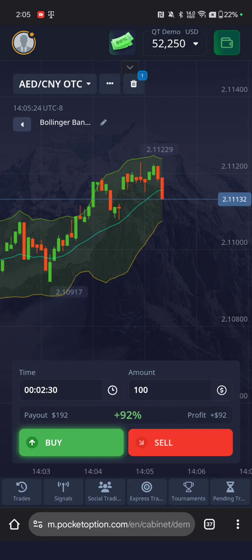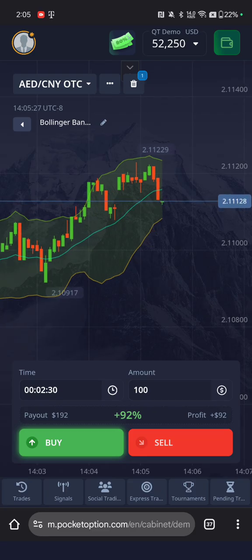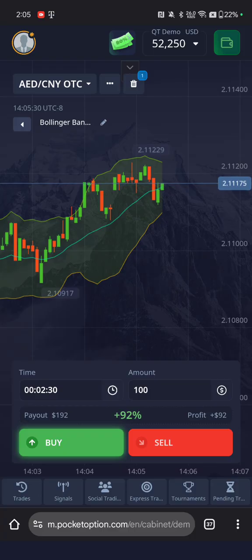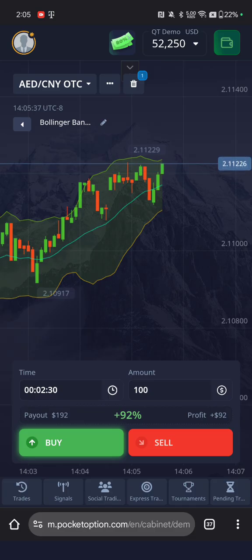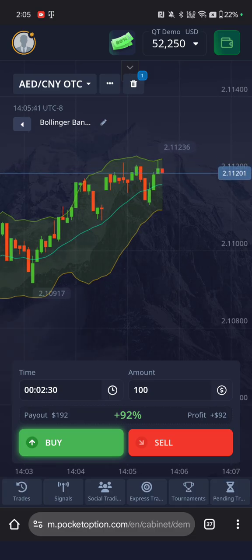Plus it takes out the commission and all that kind of stuff. So there you have it. That's how that works. Now you see it had that little breakout, and now it's starting to consolidate again, bouncing here, bouncing here, bouncing here. All right, that's that lesson.